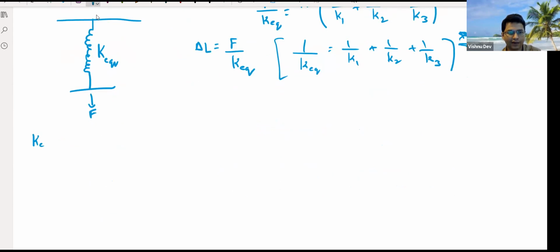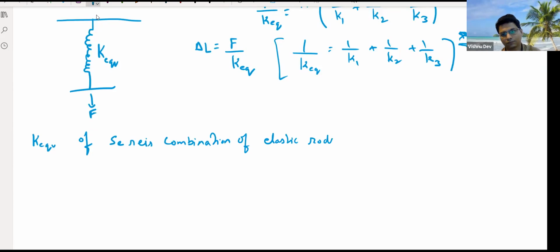So K equivalent of a series combination of elastic rods or springs is given by this. Got it?